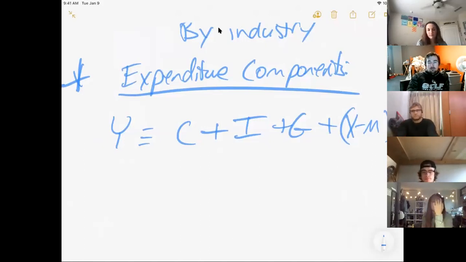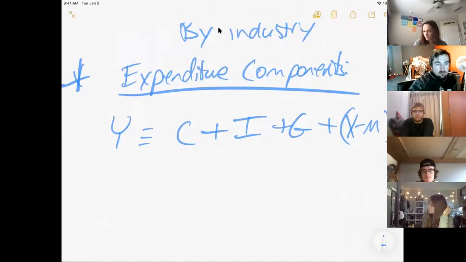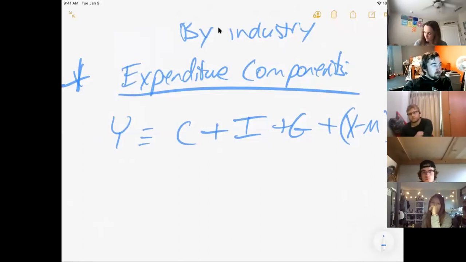So breaking GDP down into its components, these components can be captured by this equation: Y ≡ C + I + G + X − M. You notice I have three lines instead of an equal sign. What does that mean? That means this is true by definition.